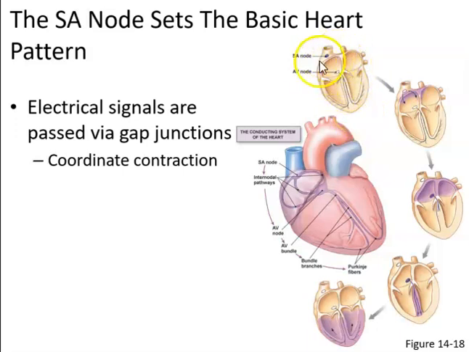So from the atria, the electrical signal will pass to the AV node, and once it hits the AV node, the electrical signal will then travel down the interventricular septum. So depolarization travels down the interventricular septum to the AV bundles, so to the right and left bundle branches, and then to the Purkinje fibers.